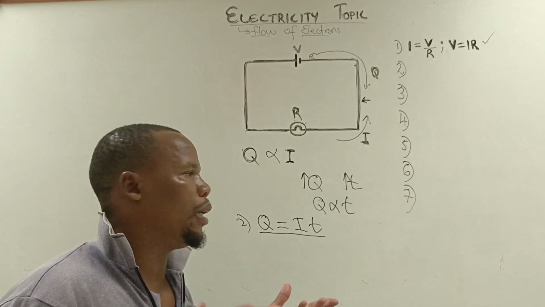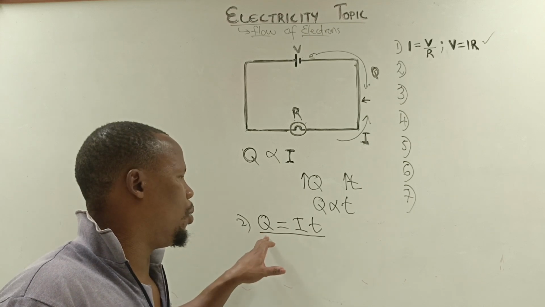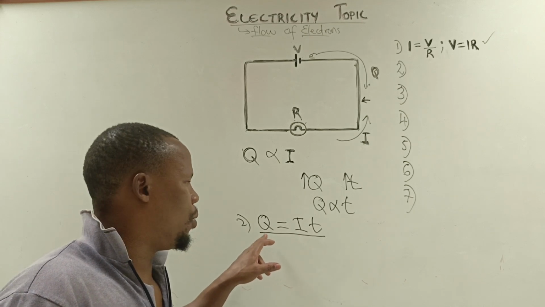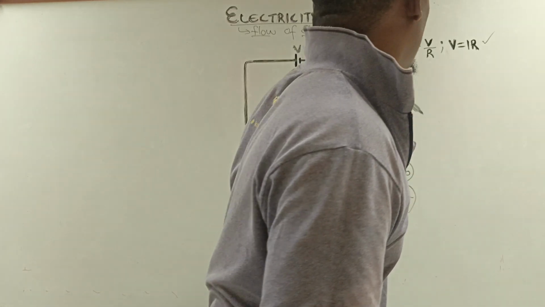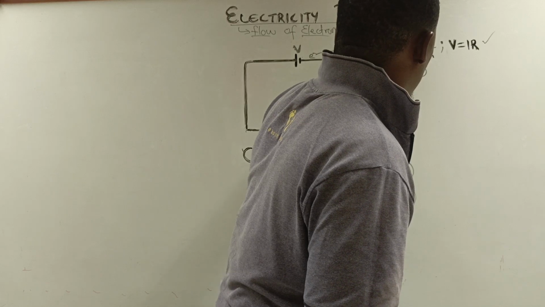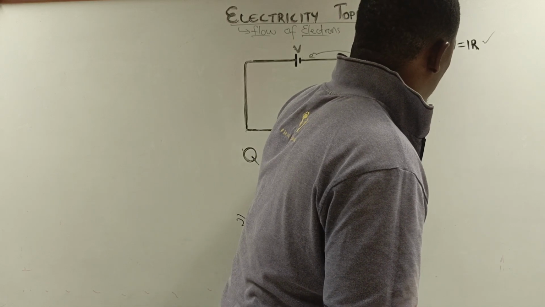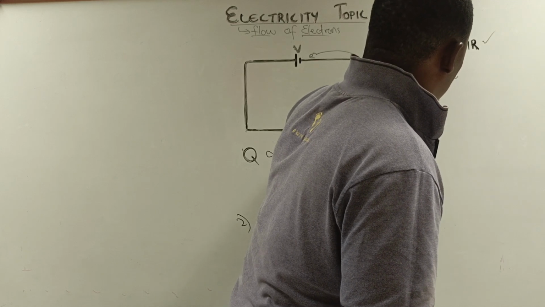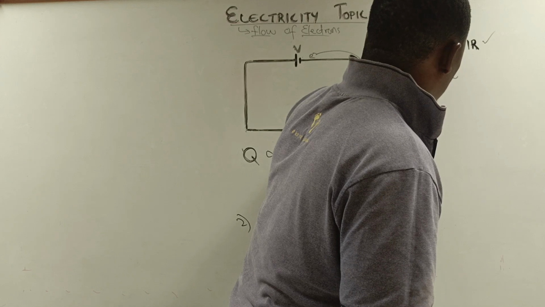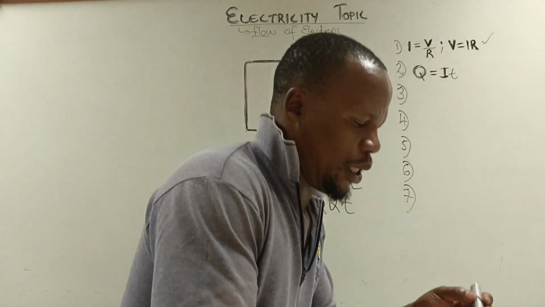You're going to multiply your current with time to get your charge in coulombs. So your second formula again: Q is equal to IT. Q is equal to IT.